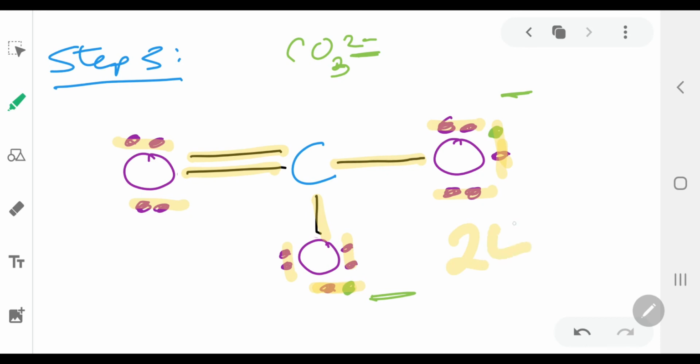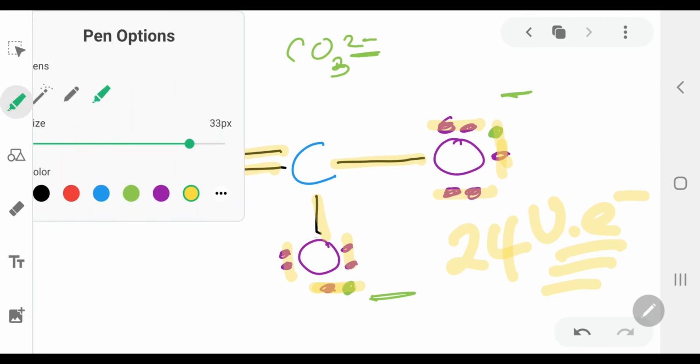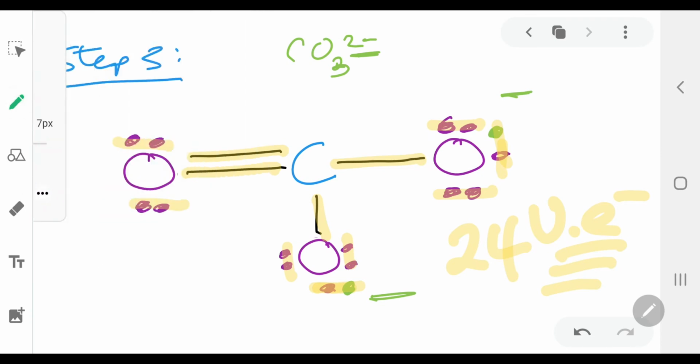So you have 24 valence electrons in total. So this is the Lewis structure for CO32 minus. But what about the formal charge? So let's look for the formal charge.